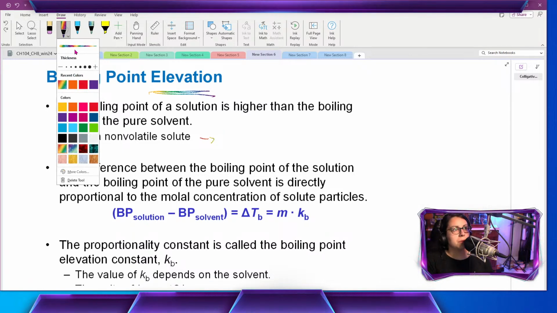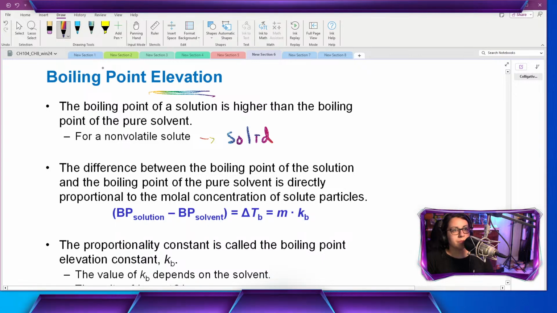Solid. And where this would not apply is, let's say you mix two solvents together, like if you add ethanol in water. That is probably going to, if anything, lower the boiling point because that's a volatile solvent. So that's the distinction.